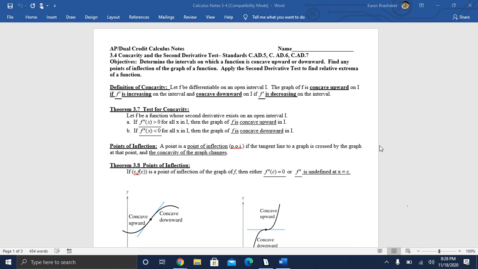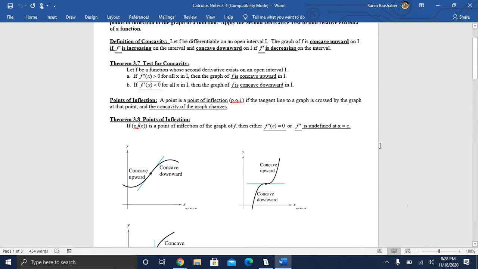So you'll see that we have this idea of concave up, and I'll kind of circle here on the graph. There's where the graph is concave up, kind of like a smile. Here's where it's concave down, like a frown.